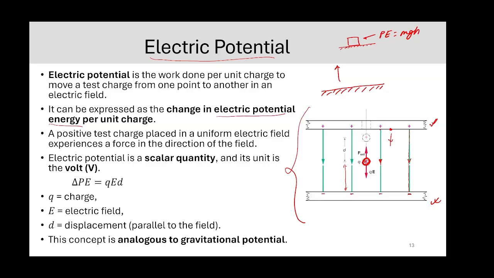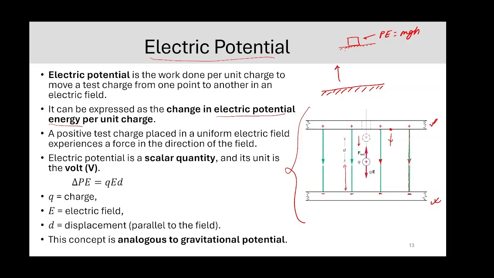If we put a positive test charge somewhere in this electric field, naturally the positive plate will repel this positive charge, and the negative plate will attract it. So this positive charge will move toward the negative charge naturally, similar to what gravity will do.